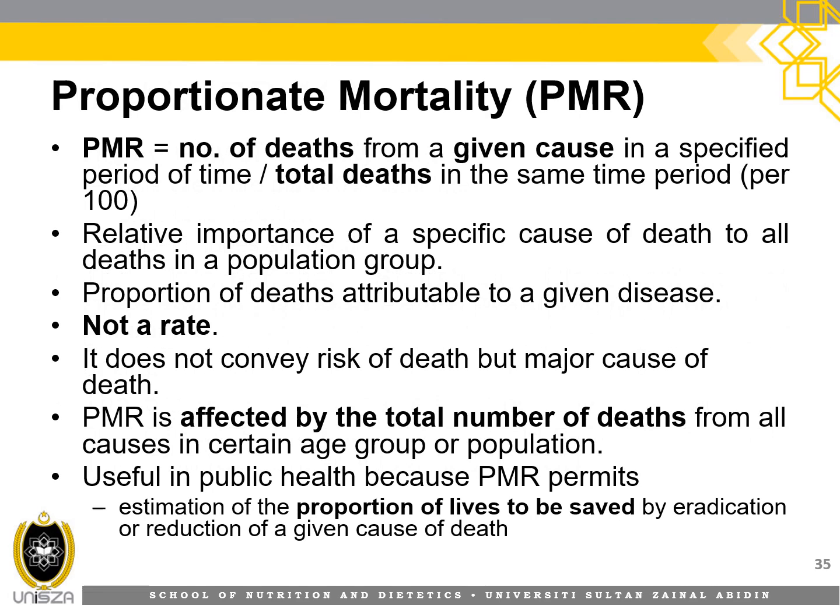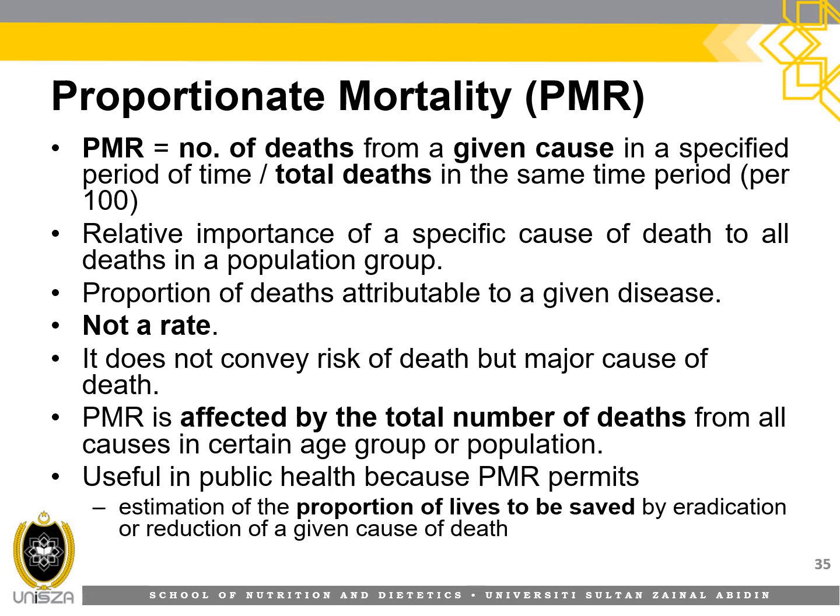Let's move to the first mortality measure, which is proportionate mortality, or in short, we call it PMR. PMR is equal to the number of deaths from a given cause in a specified period of time divided by total deaths in the same time period per 100 population.